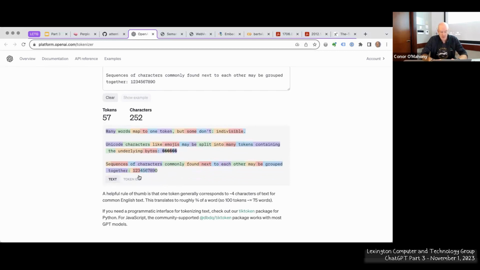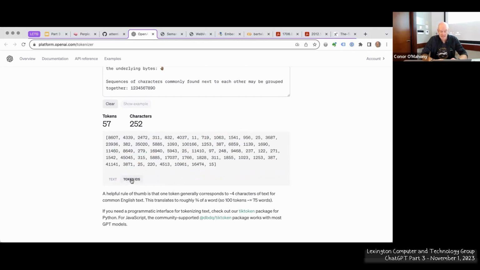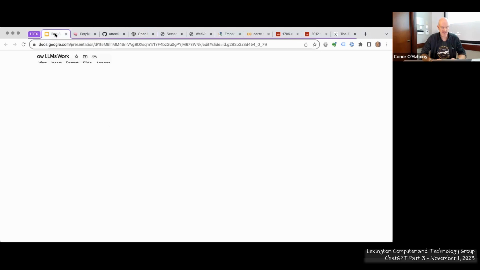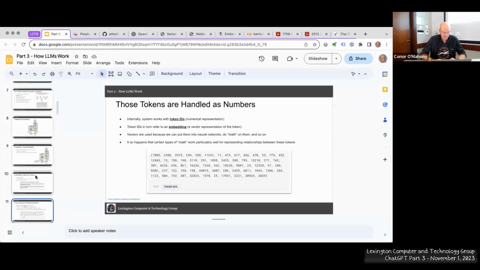And if I want, I can switch here to the token IDs, and I can see these IDs for the tokens. Now, if I want, I can go somewhere else to show the vectors. I'll do that in a moment. But anyway, go here and you can play around and you can enter different text in here, and you can see how it gets converted to tokens.